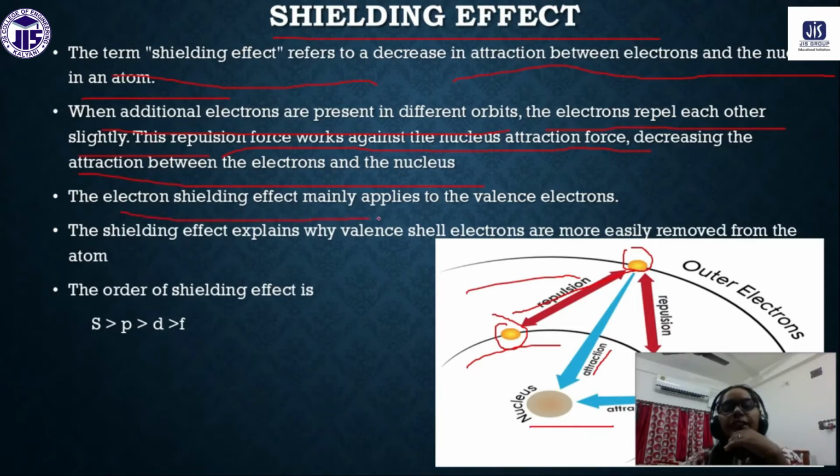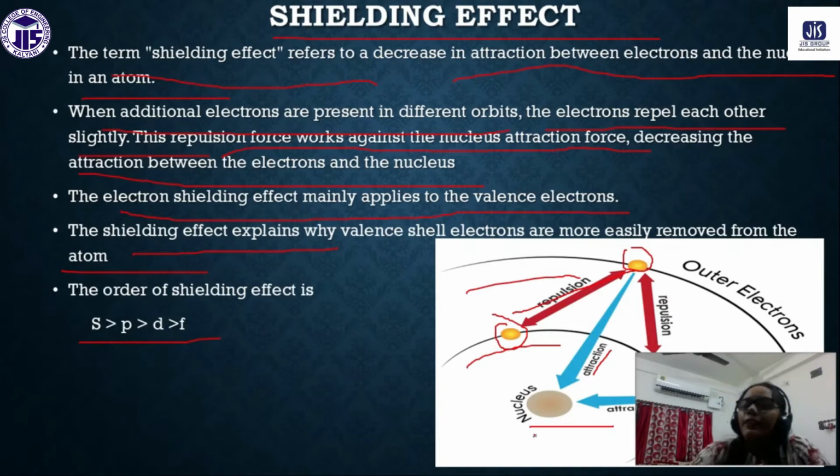The electron shielding effect mainly applies to the valence electrons, the outer orbital electrons. The shielding effect explains why valence electrons are more easily removed from the atom, and the order of the shielding effect is s orbital greater than p orbital greater than d orbital greater than f orbital electrons.